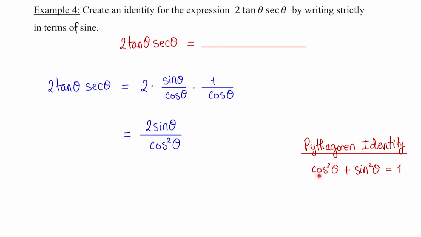Remember that we have cosine squared of theta plus sine squared of theta equals 1. So cosine squared of theta is actually equivalent to 1 minus sine squared of theta. So I'm going to replace the cosine squared of theta. Cosine squared of theta is replaced with 1 minus sine squared of theta by using the Pythagorean identity. And this is my answer in terms of sine only.